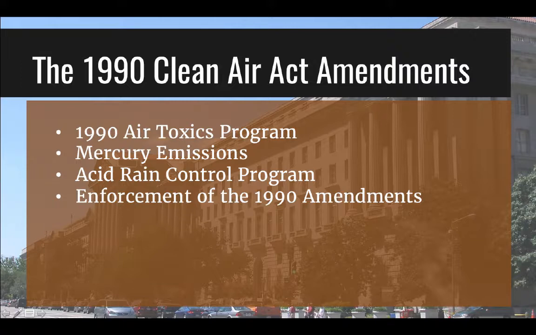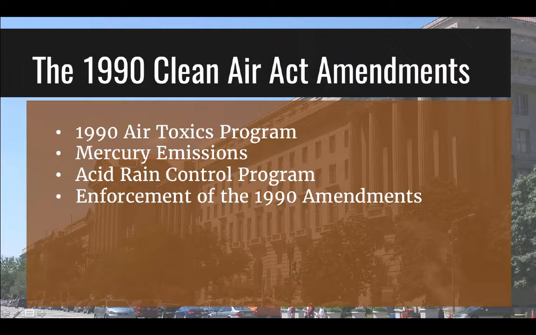There are strict deadlines associated with reductions. One category of toxics is major sources. They can or do emit 10 tons per year of one toxic air pollutant or 25 tons of combined toxics. Major sources must use maximum achievable control technology, MACT, rather than meeting emissions limits.